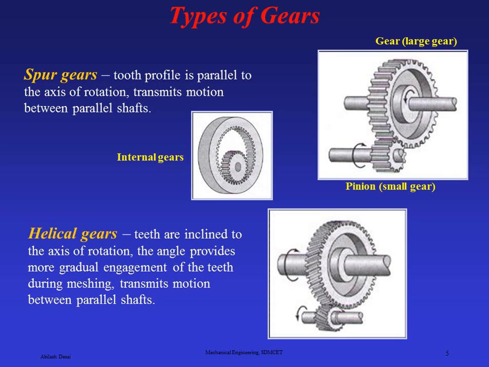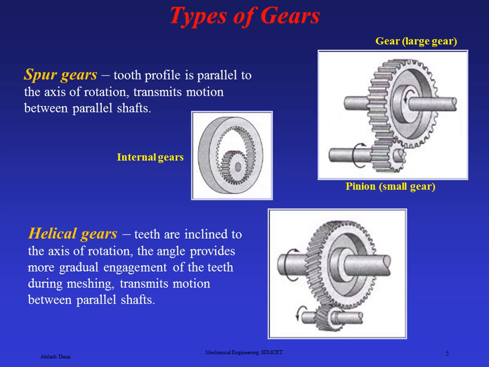Now if you consider the directions, in an external gear, if one wheel is rotating clockwise, automatically the other gear, that is the pinion, will rotate in the opposite direction. If one is clockwise, the other will be counterclockwise. Whereas in an internal gear, what will happen?